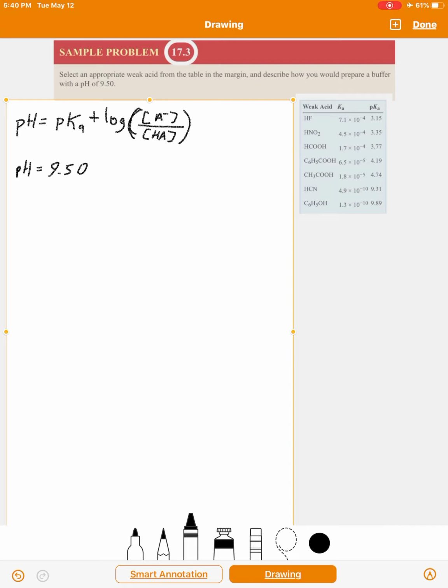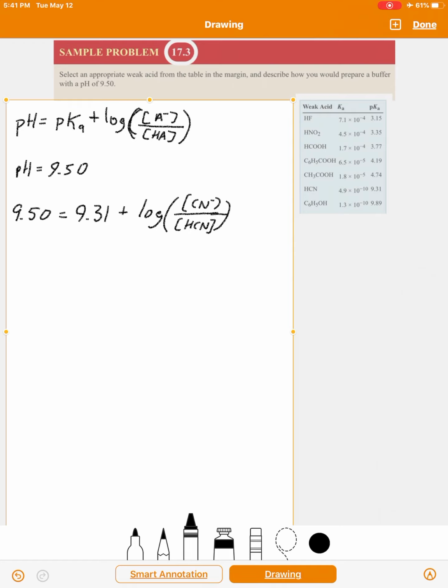So what I'm going to do is go ahead and substitute in the numbers. The pH that we want is 9.50. The pKa of the acid that we're using is 9.31, okay? That would be plus the log of the ratio of the concentration of the conjugate base, so that would be cyanide, just take the H plus off of the HCN, divided by HCN.